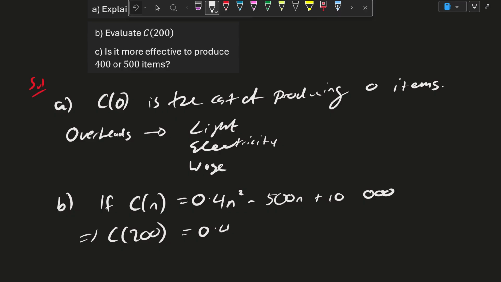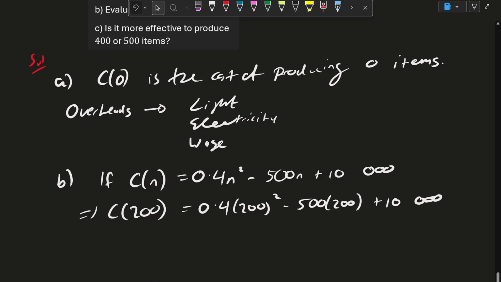So it's 0.4 times 200 squared, take away 500 times 200 plus 10,000. Okay, so the net cost actually works out to be something negative. It works out to be minus 74,000 euro.